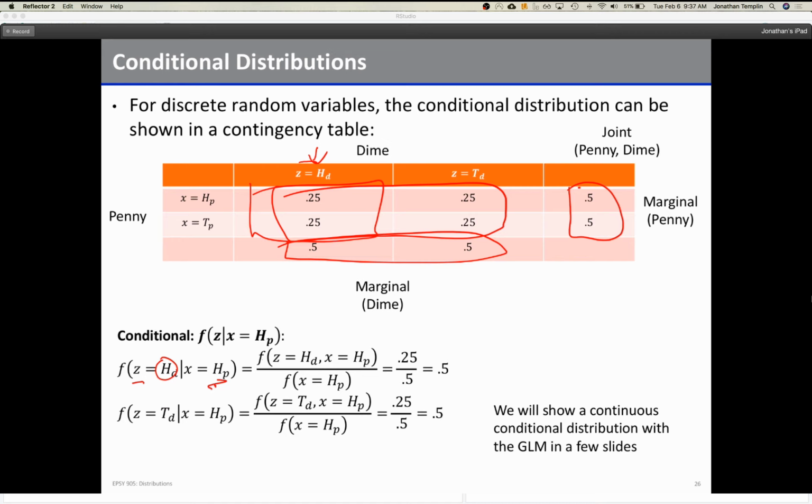We take the 0.25 that shows up right here and divide it by the probability of the penny being heads, giving us 0.5. Same thing if we want the distribution of z being a tail conditional on x being heads, it's the same value. And you'll note this 0.5 value for both is really just an indicator that the two coins are independent.